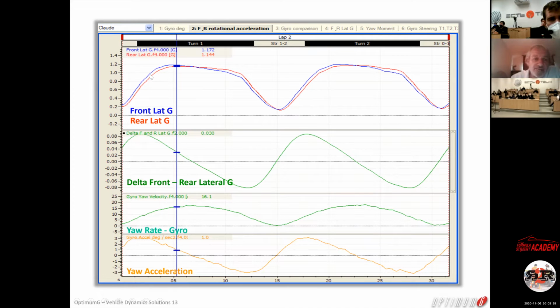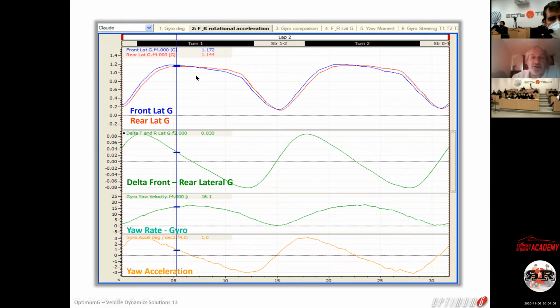So here you are creating more grip, front and rear, but you have a variation. Look at that. I look at the front minus the rear here. You agree that at the apex you have the same lateral G front and rear, but at the entry you have more grip on the front than on the rear, which helps the car to rotate.